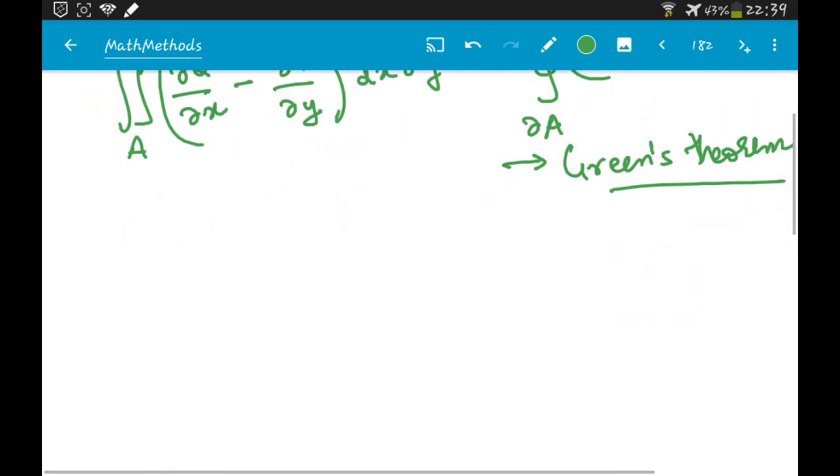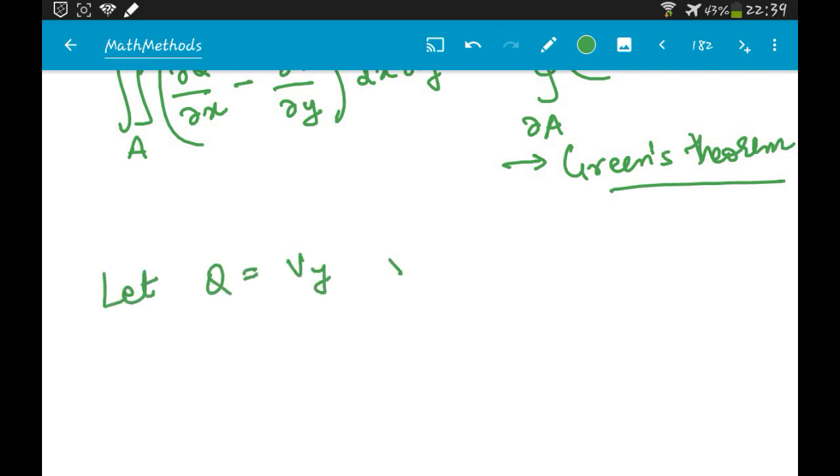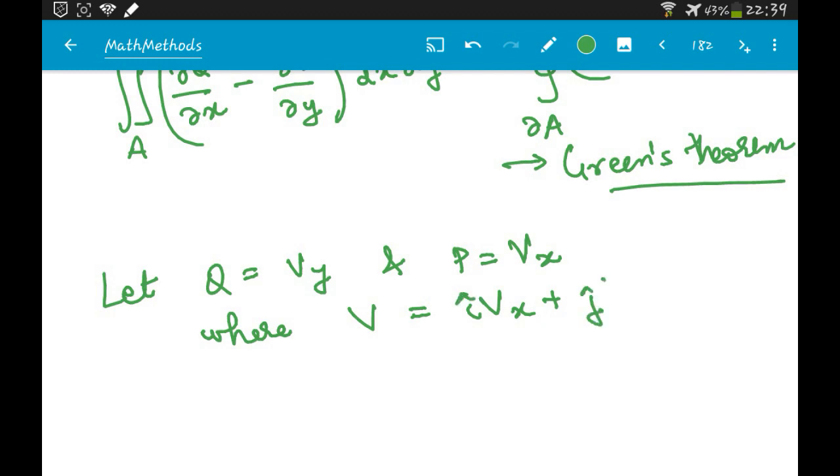Okay, now let q be equal to vy and p be equal to vx, where v is i vx plus j vy. So v is a vector field in 2 dimensions.